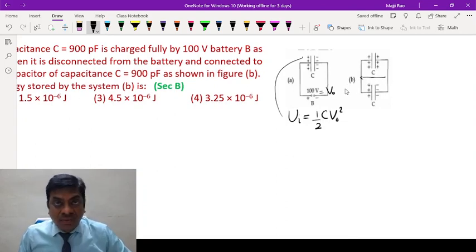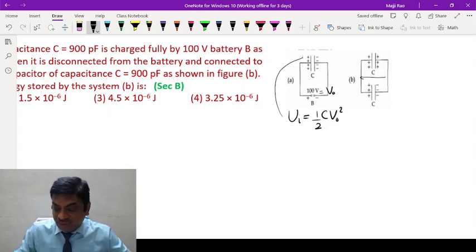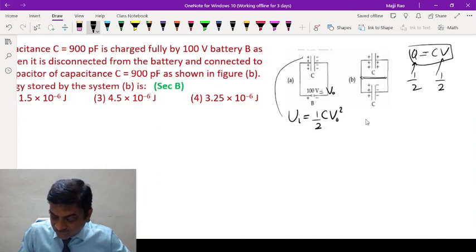The charge is equally distributed amongst the two because both are identical capacitors. So charge will be equally distributed between them, and accordingly potential will also reduce to half because Q is equal to CV. So if Q gets reduced to half, V will also get reduced to half. So now the potential difference across each is V naught by 2.